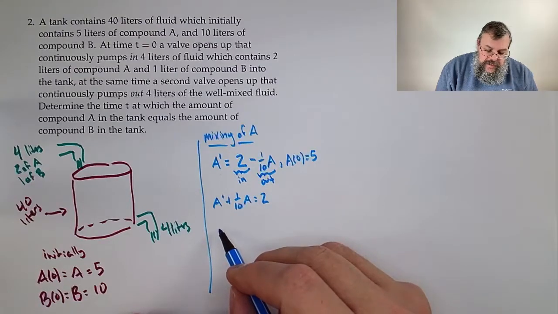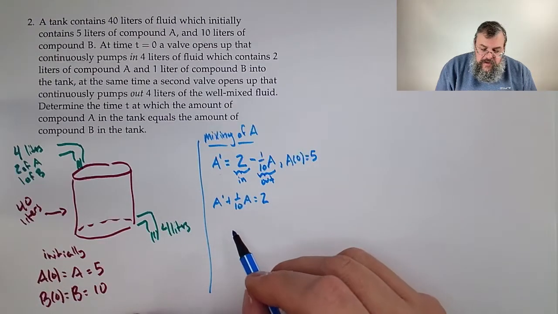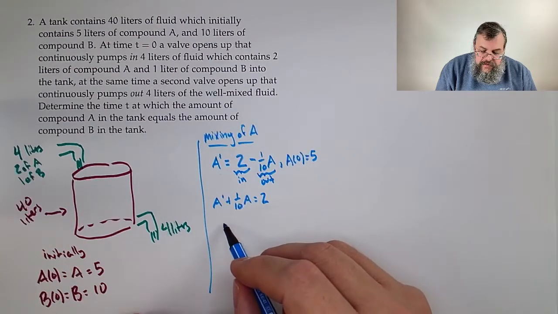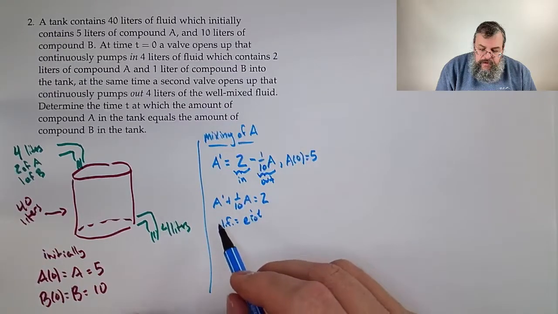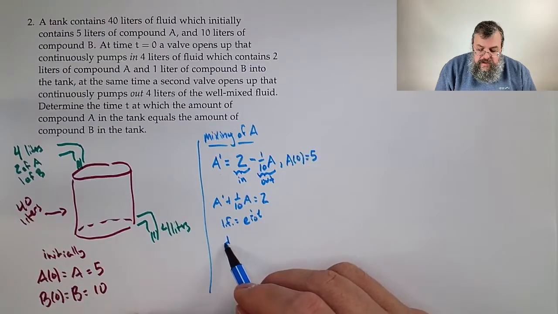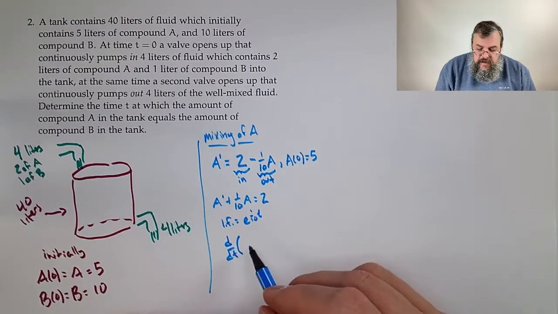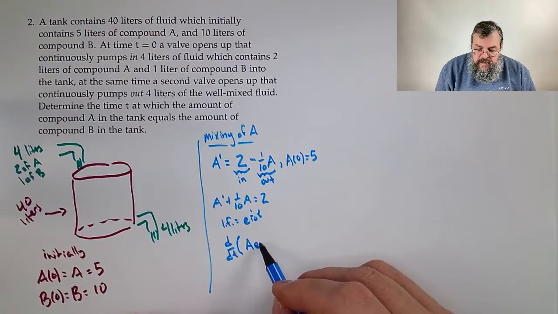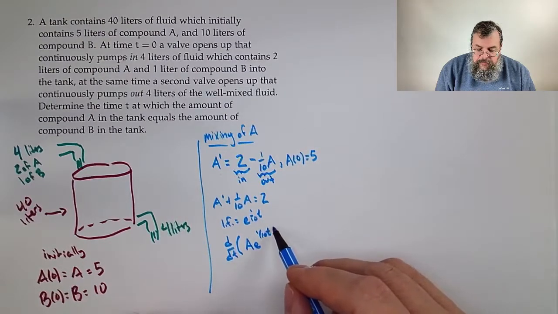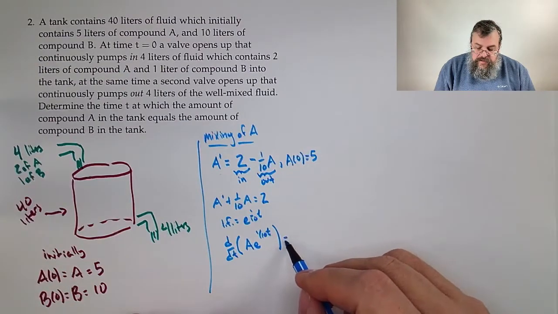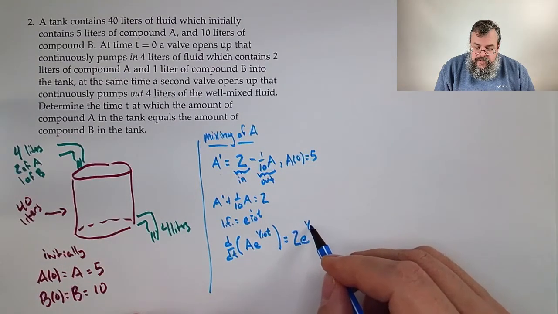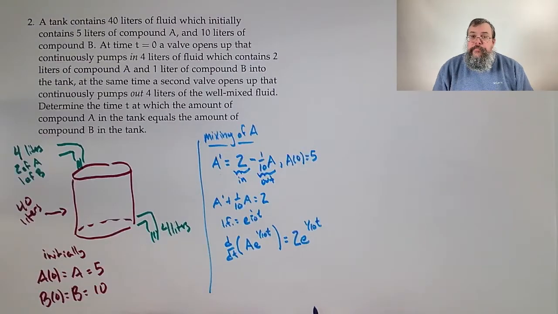So we have e to the integral of 1/10 dt, which is e to the 1/10 t. Using this integrating factor, the left-hand side is really the derivative of A times e to the 1/10 t. It's always a function times your integrating factor. That's equal to 2 e to the 1/10 t.